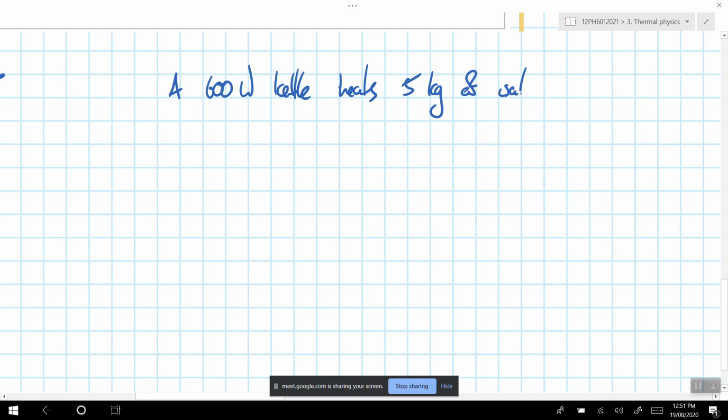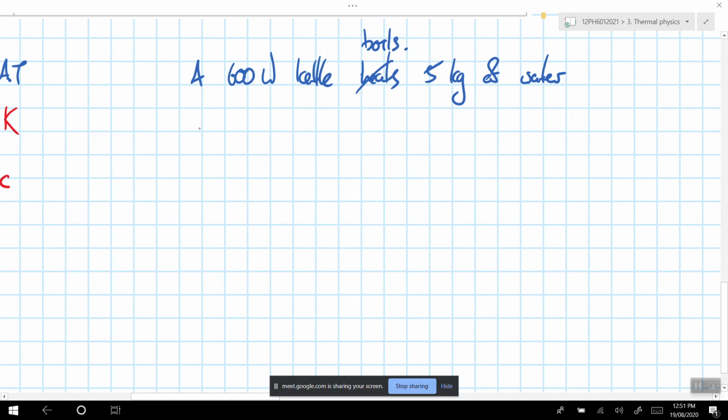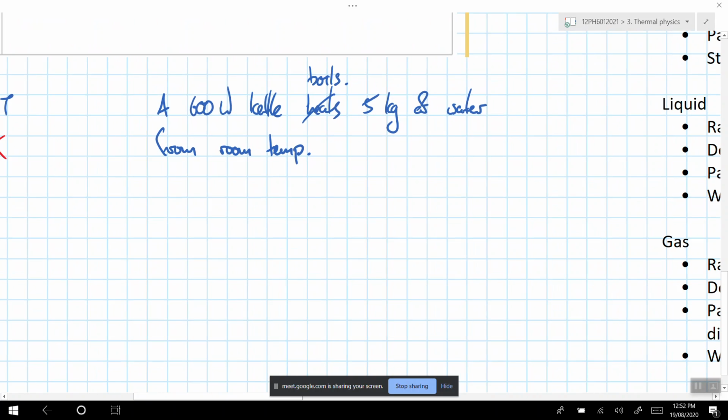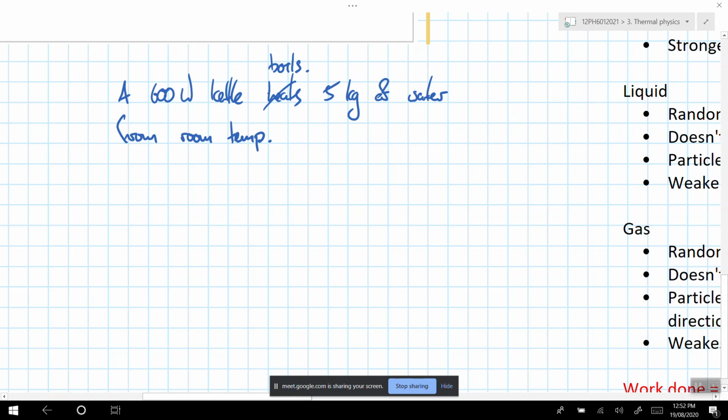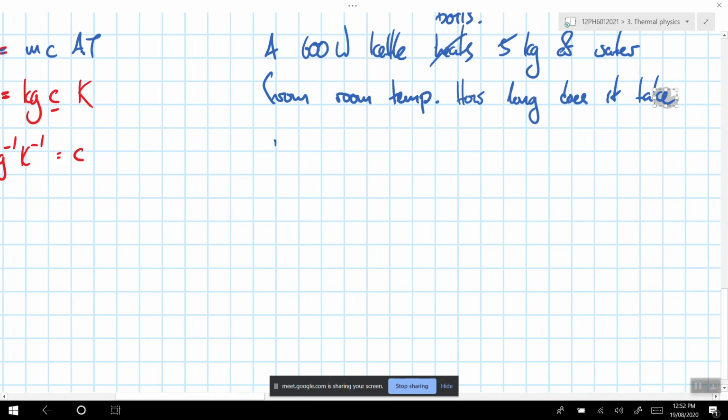Well, let's not say heats, let's say boils 5 kilograms of water from room temperature. And we might want to know how long does it take, assuming no energy loss.